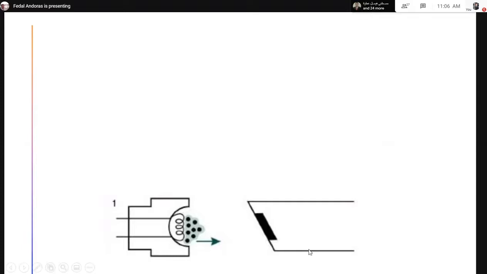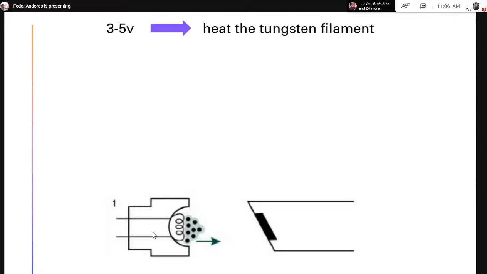As a first step, as we said, this is the tungsten on the cathode, and we just set the control panel button on, from off to on. The 3 to 5 volts heat the tungsten filament. These volts will heat the tungsten filaments on the cathode. What will happen?